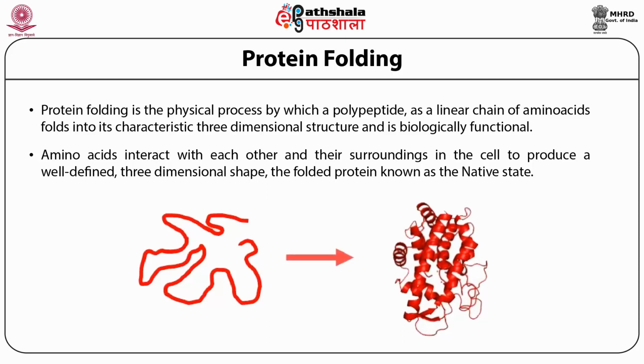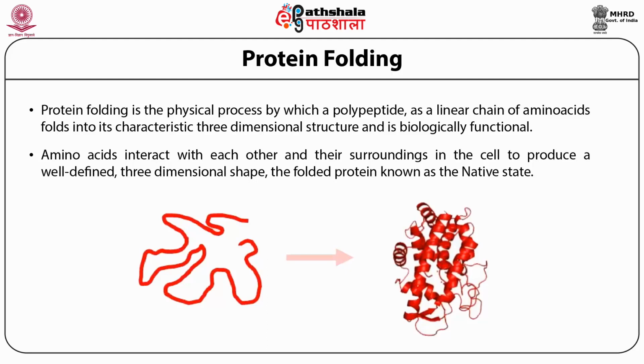The figure to the left indicates the polypeptide chain, and the figure to the right shows the well-defined three-dimensional structure. This particular three-dimensional structure is stabilized by a number of interactions that take place between the amino acids. The interactions could be between each other, or it could be the interactions of these amino acids with the water molecules.